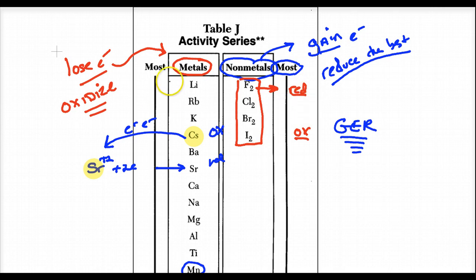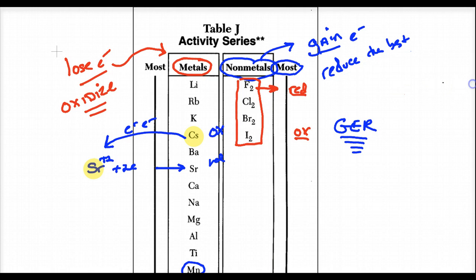This chart is flipped because the metals that are good at oxidizing will force the reduction of the ions that aren't very good. Here we have the opposite. So if we have 2F negative goes to F2 with 2 electrons, it's probably going to be written the other way.